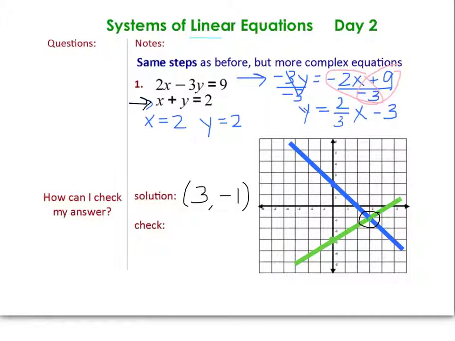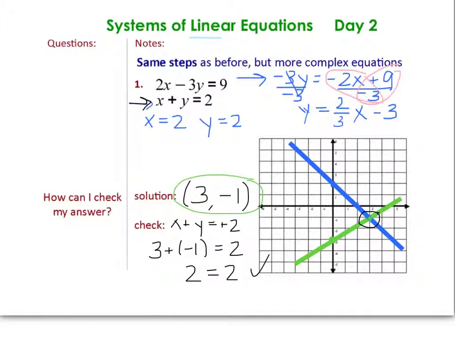So x plus y equals 2, or 3 plus negative 1 equals positive 2. 3 plus negative 1 is the same thing as 3 minus 1. Does 2 equal 2? Yep. So my solution is 3, negative 1.